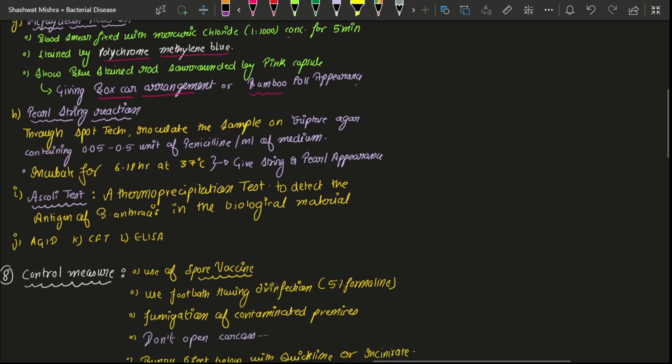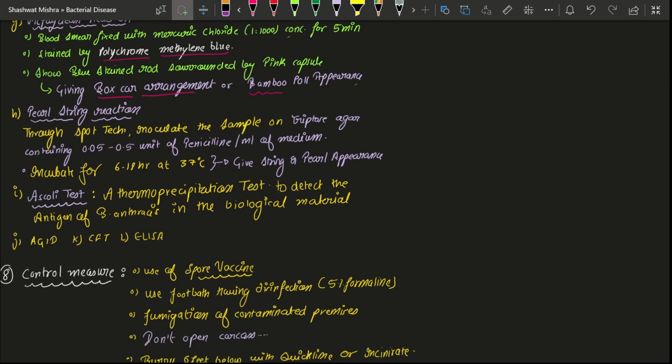What happens in the pearl string reaction is that it is done through the spot technique. What we do is we inoculate the sample on the tryptosaccharide plate, which contains this much amount of penicillin. This is the culture plate, right, having the tryptosaccharide.